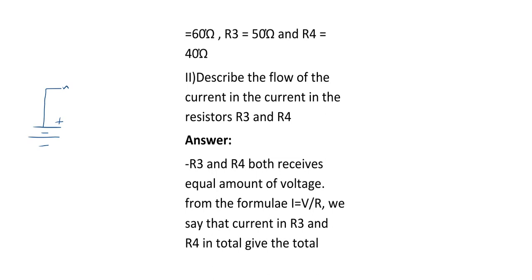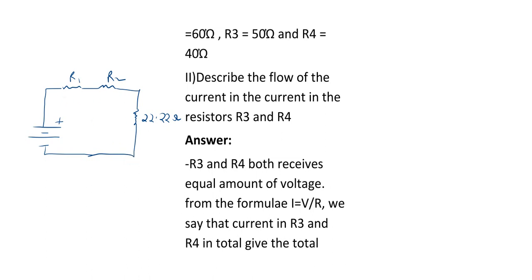We have the resistor R1, the resistor R2, and we have a third resistor, which is the combination of the two in parallel, and let's just indicate its resistance, which is 22.22. So now we have three resistors in series.